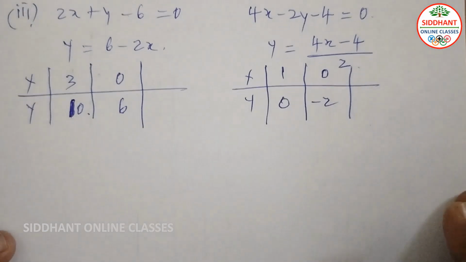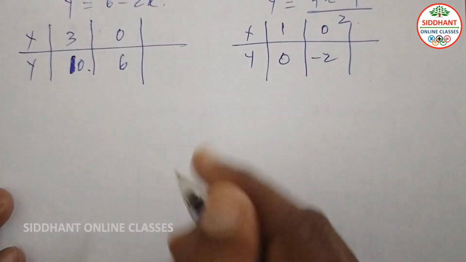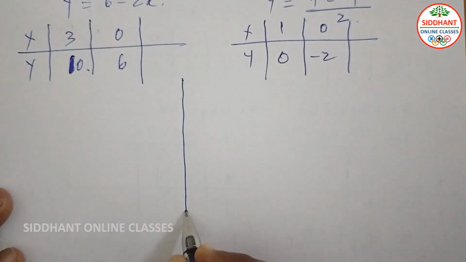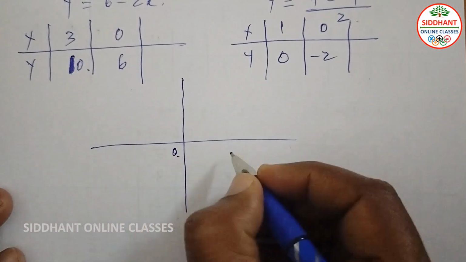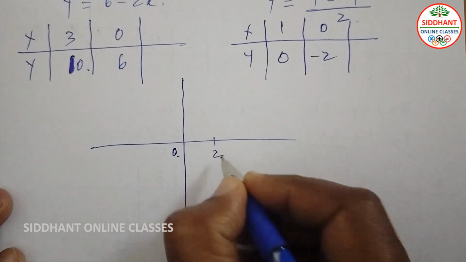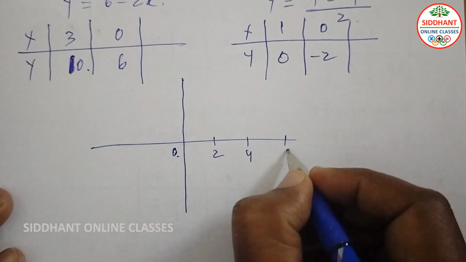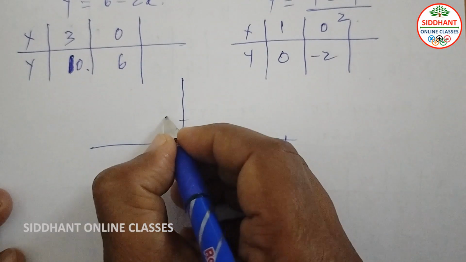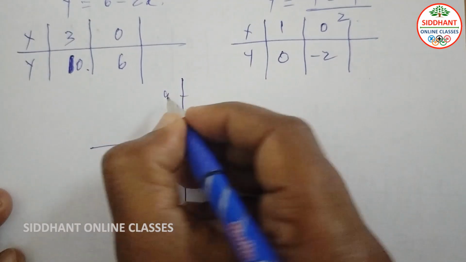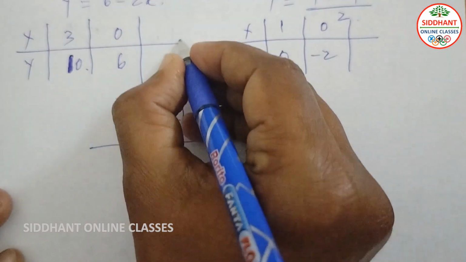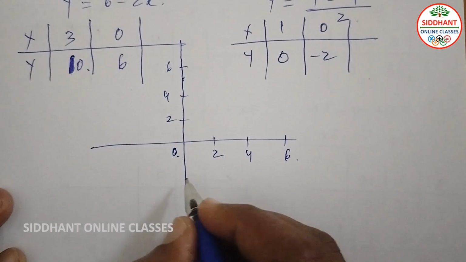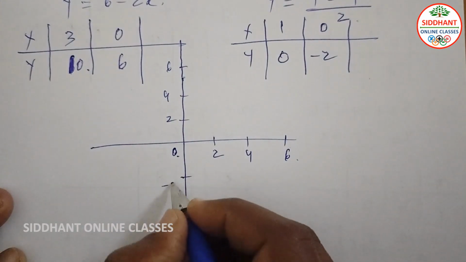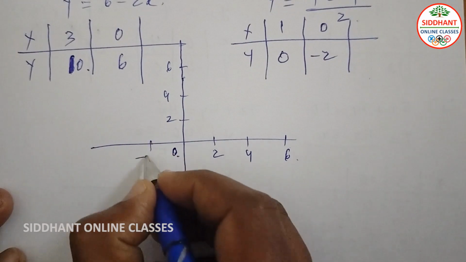Now plotting on a graph, suppose 2, 4, 6 and minus 2 on the axis.